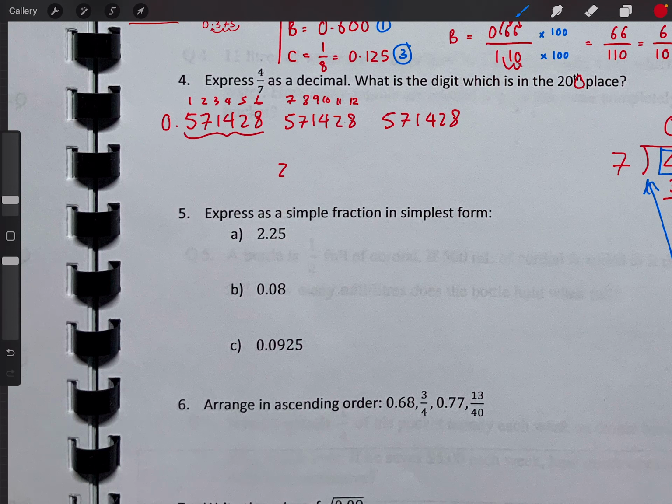Now what we're going to do is take the number 20 and divide it by 6. Let's just divide it as a fraction actually. 20 divided by 6. How many 6 in 20? Well, there is 3, remainder 2, 2 over 6. So what does that mean?